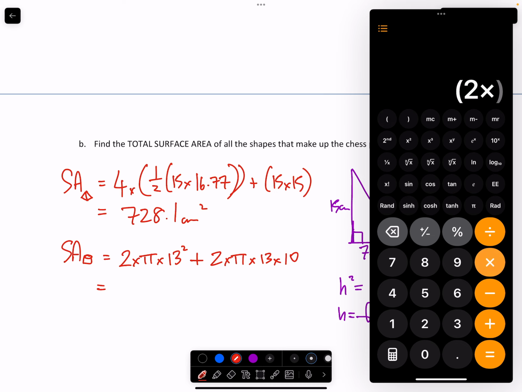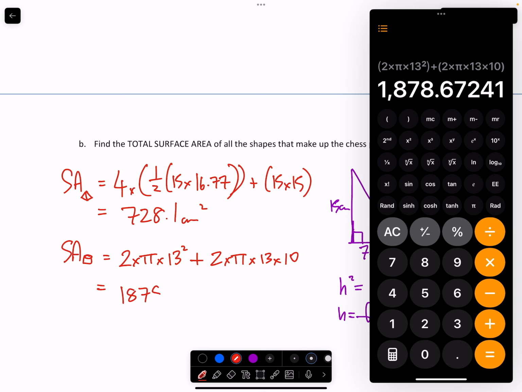So 2 times pi times 13 squared plus 2 times pi times 13 times 10. That comes to 1878.67 square centimeters. It didn't indicate rounding here.